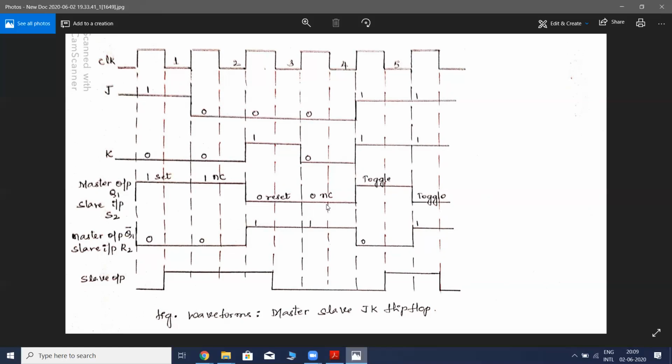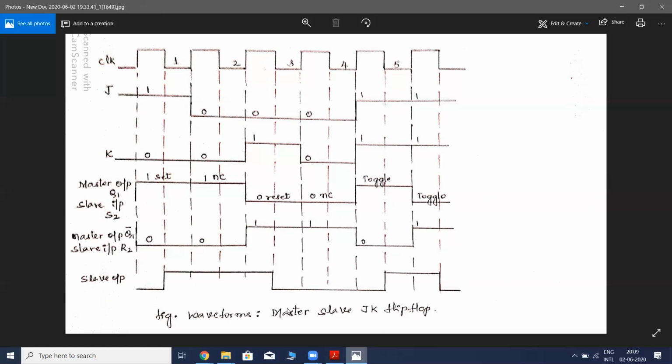Here from 0 to 1 it changed, and from 1 to 0 it has changed. Okay, so this is how we could understand the master output, and this is the output of the master, which is Q1 bar. Q1 bar is the complement of Q1, that's all.